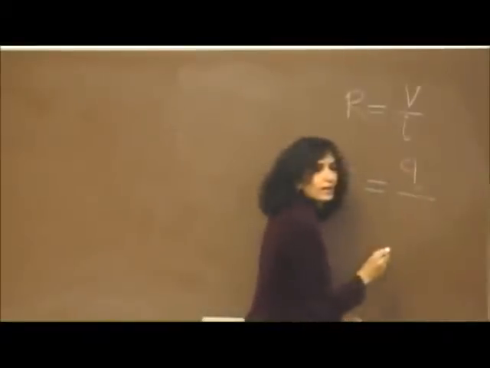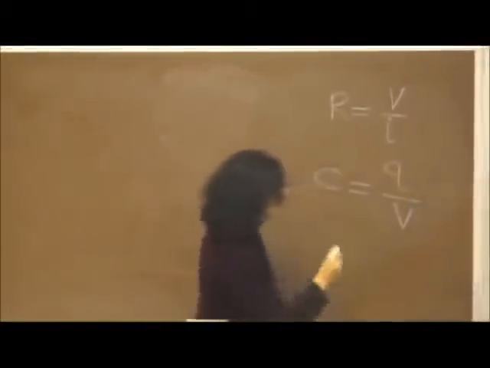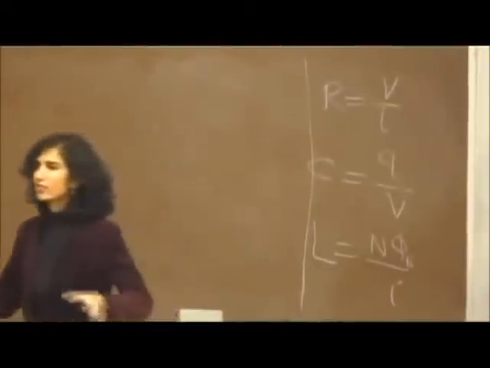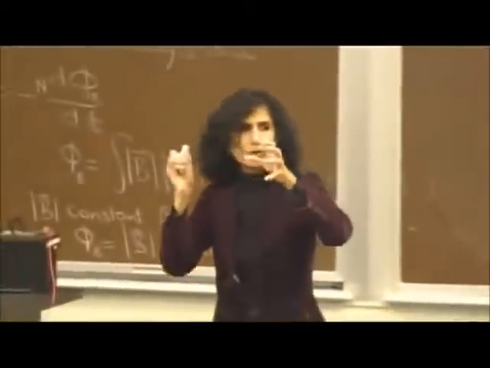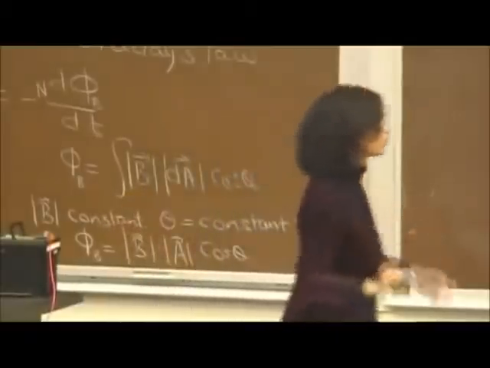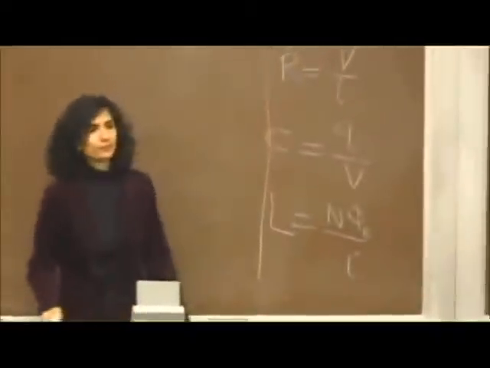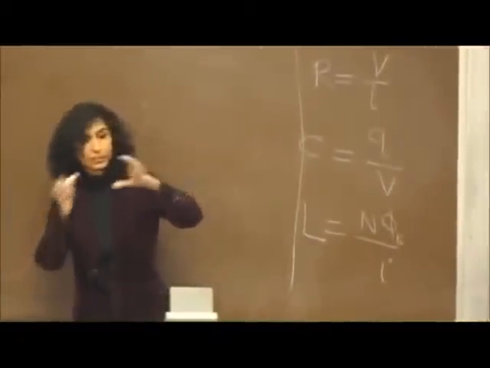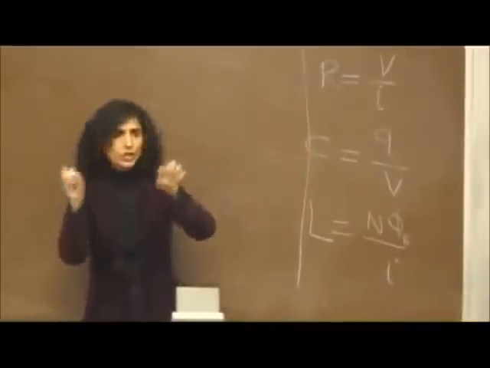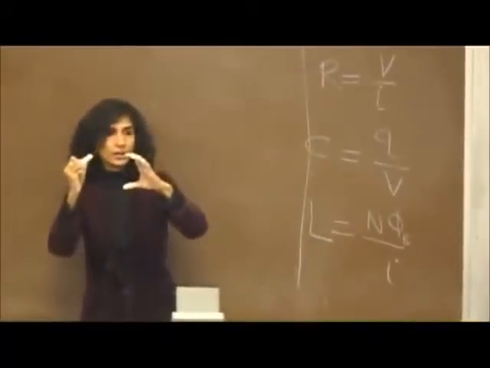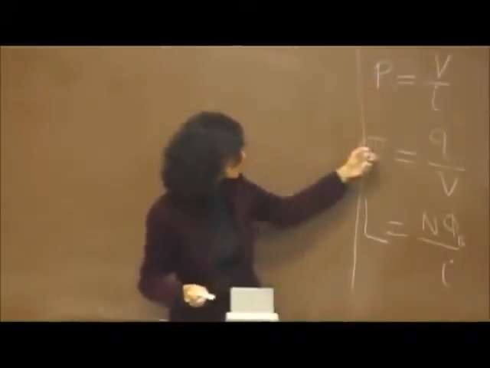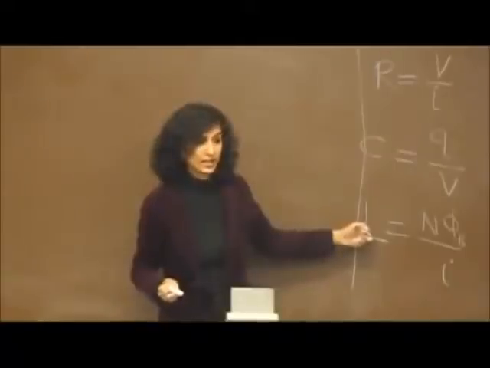Q divided by V. And now we are defining L, which is N phi over I. In any electronic circuit, if you look at any integrated chip, you will see it has three major components: R, L, and C. They're so tiny that there are often billions upon billions of these things in one small chip, and you can't even see them. So you will find resistors, capacitors, and inductors with some inductance L.